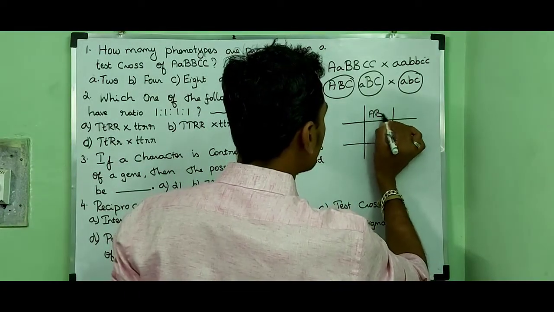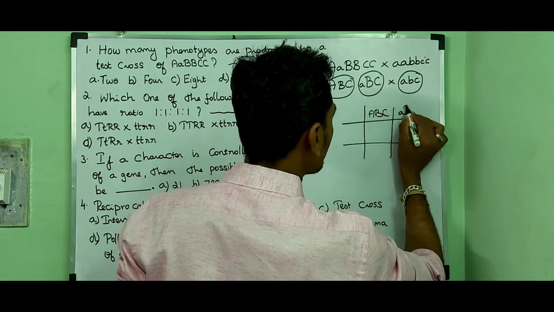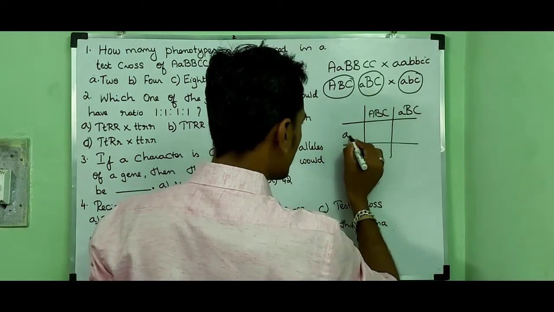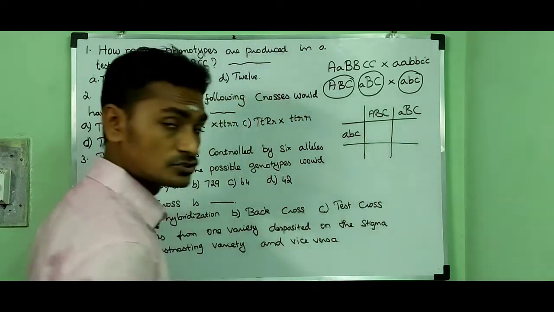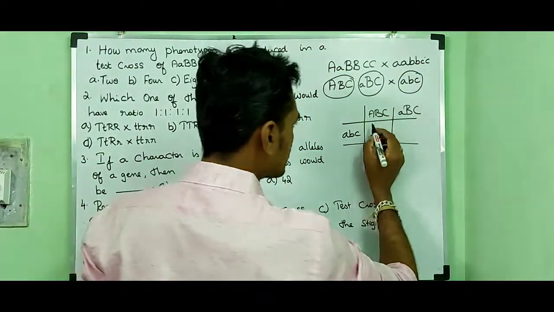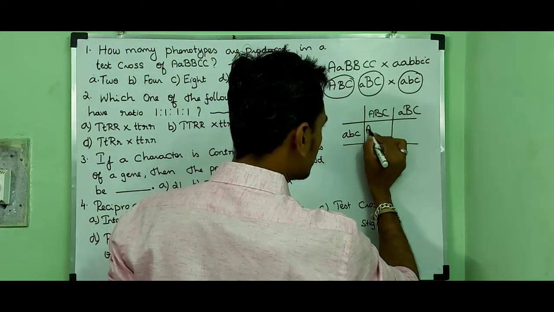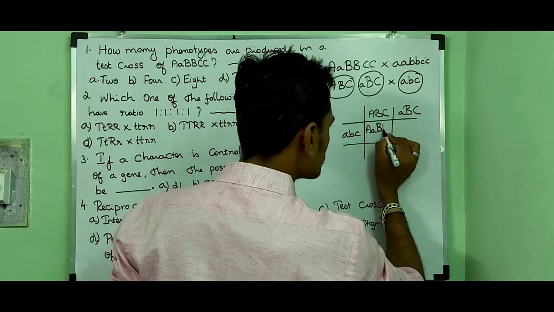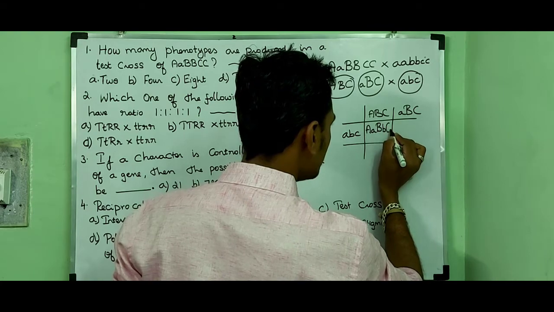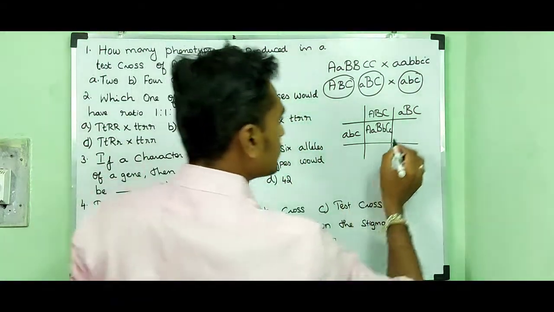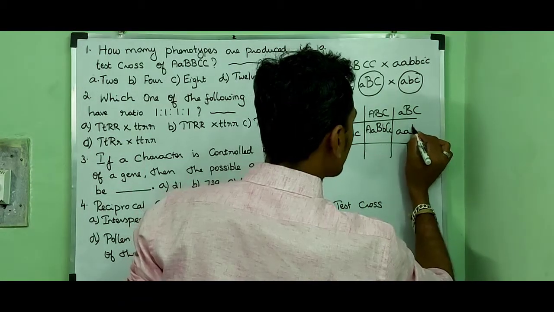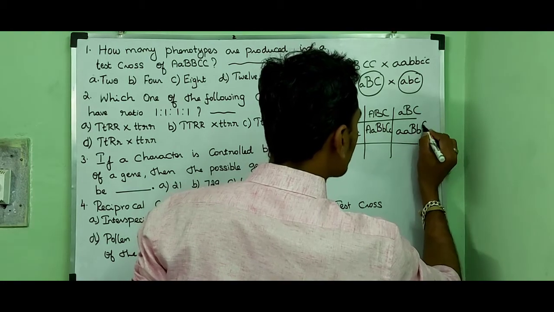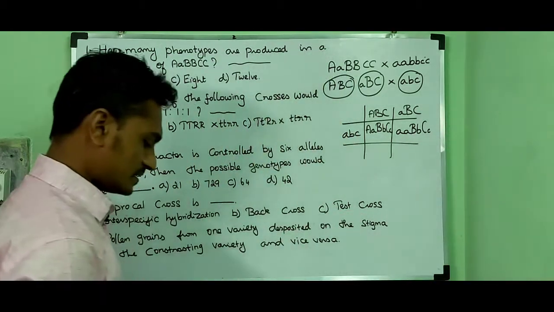Fusion of gametes takes place: capital A, capital B, small b, capital C, small c; and small a, capital B, small b, capital C, small c.